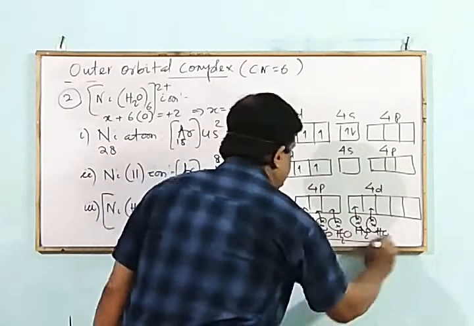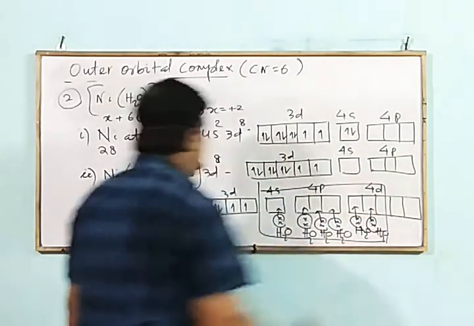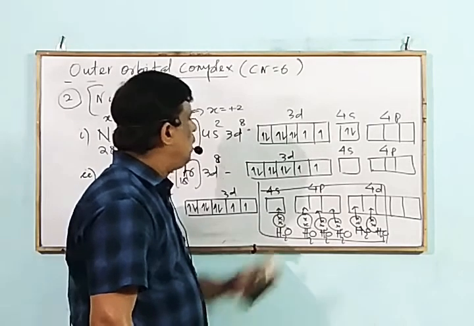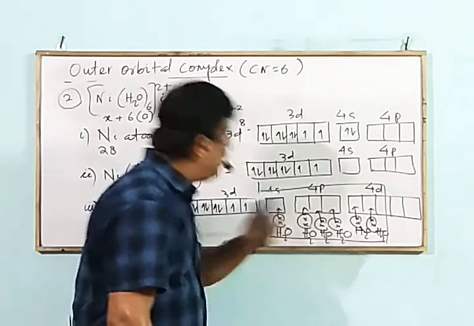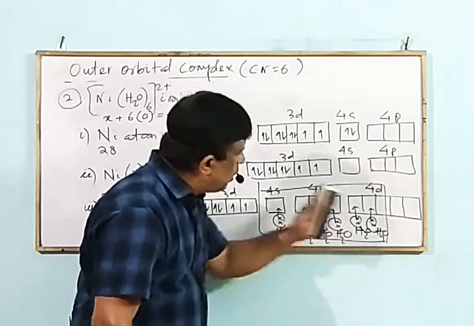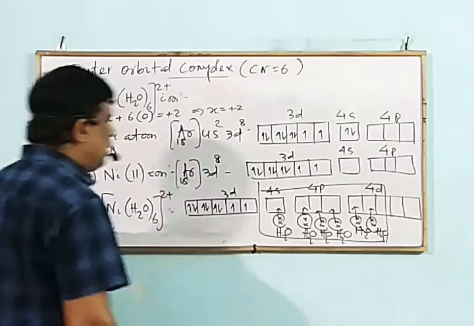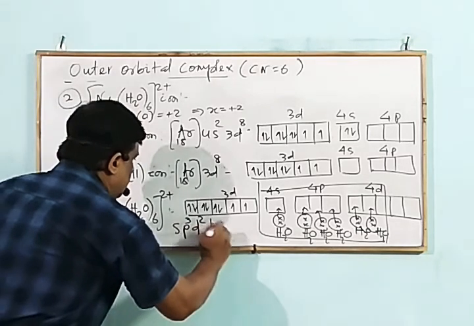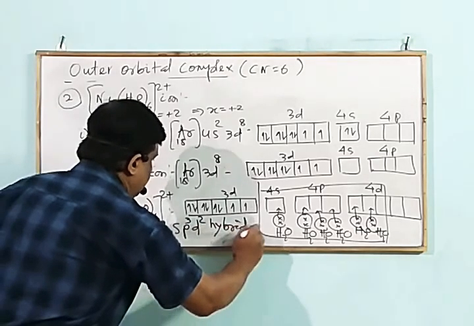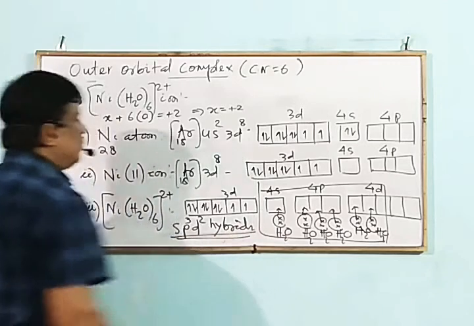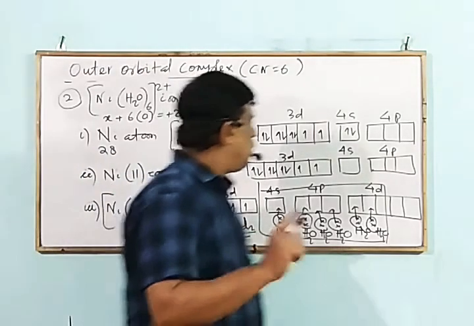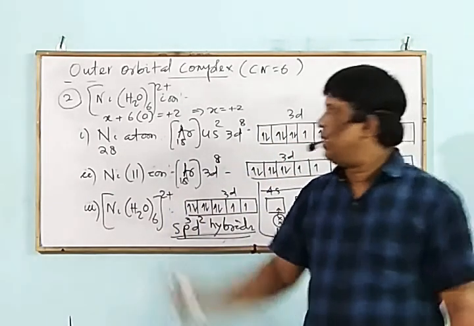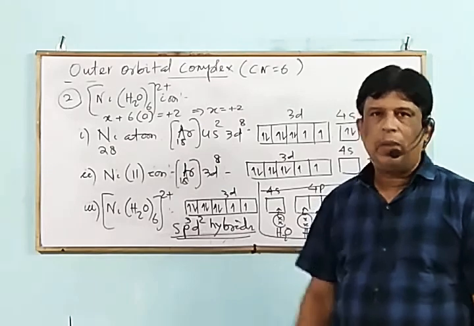So from this it is clear that 1 s orbital, the 4s orbital, 3 4p orbitals and 2 4d orbitals participate, resulting in the formation of sp3d2 hybridization. Since the outer orbital, that is the 4d orbital, participates in the hybridization, it is known as an outer orbital complex.